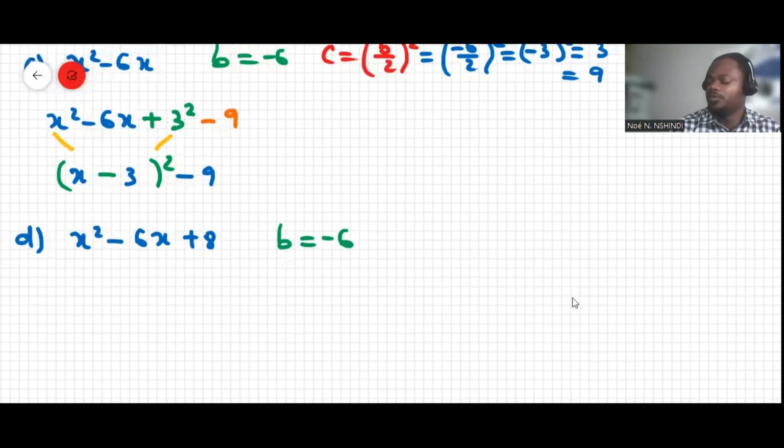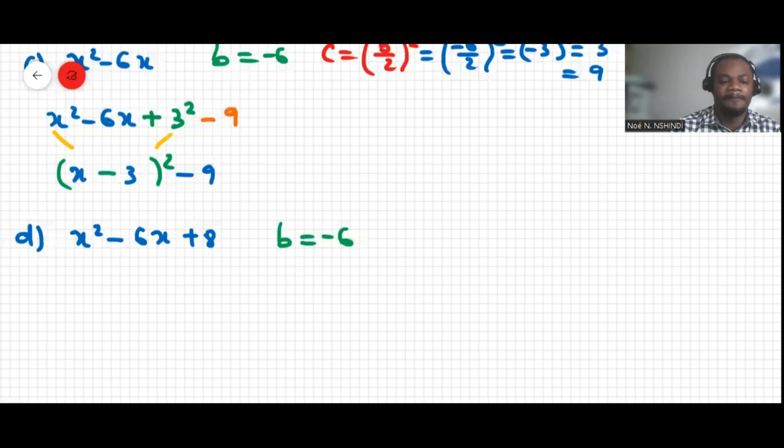Now I am going to write over here x squared minus 6x, and then instead of writing plus 8, I'll say plus 3 squared, which is 9. But initially it was plus 8. Now I added 9. So if I need to keep it 8, what can I do? I will just minus 1.